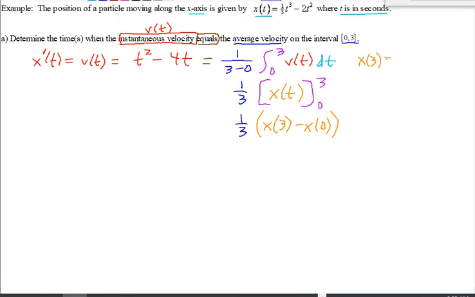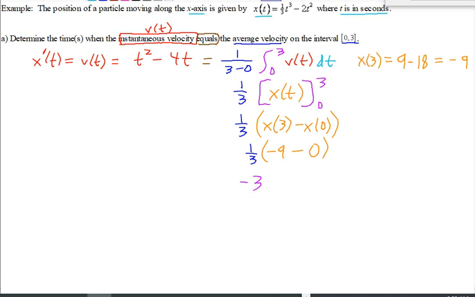So when you substitute in 3, you can see that would be 27 times a third, that's 9, minus 3 squared is 9 times 2, 18, gives you negative 9. So that's negative 9, and when you substitute in 0, that wipes out everything, so that's just 0. So we have negative 9 times 1/3 gives you negative 3.